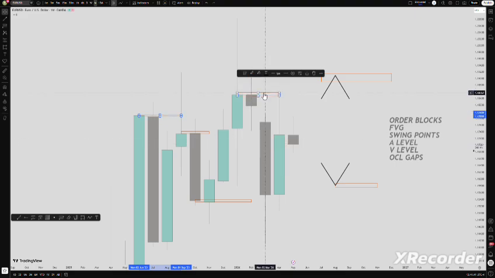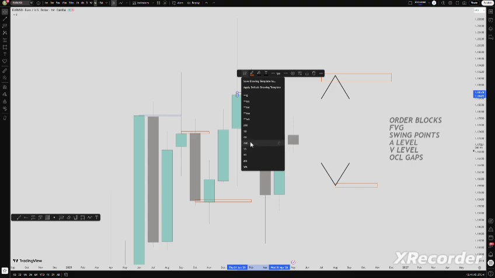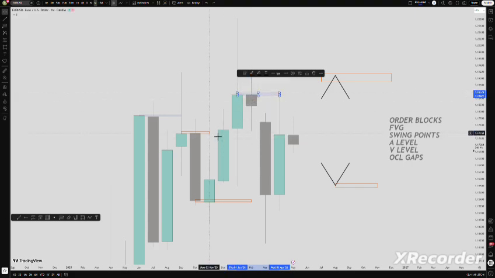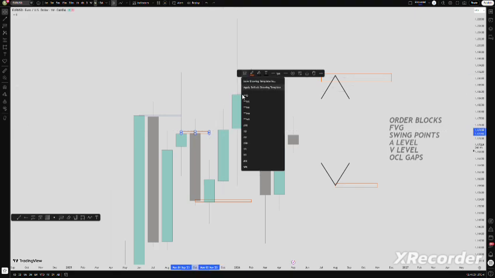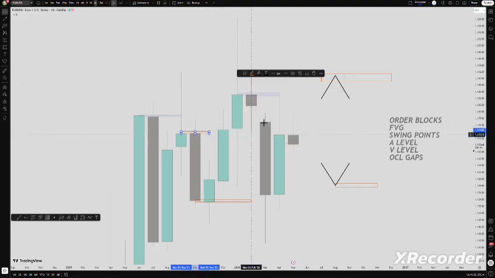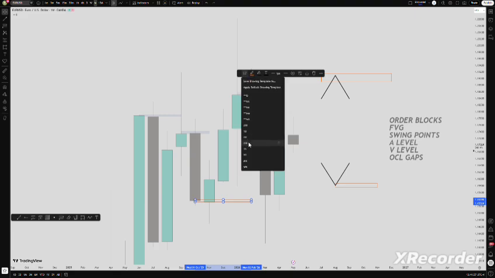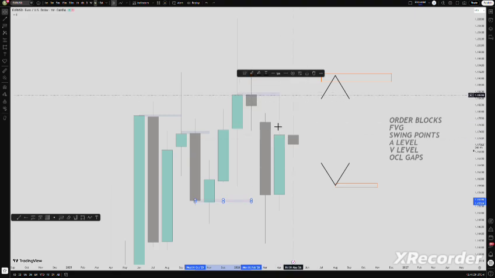These are points in price action or price signature where you see your A and V levels. Okay, mind you, I want to make this bolder so that you see what we're really talking about.